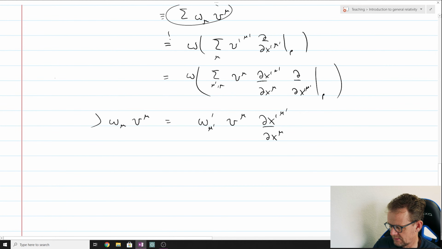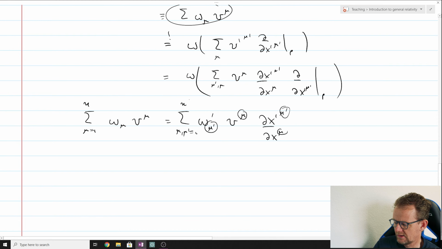So let's put the summations in, but sooner or later I just expect you to be able to interpret these expressions as written, putting in the summation symbols as required. On the left here I've got a repeated mu index, so that really means, in the Einstein summation notation, sum over mu. Here I've got a repeated mu index and a repeated mu prime index, so I have two summations that are required here.